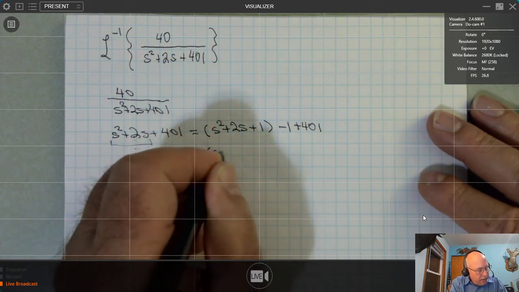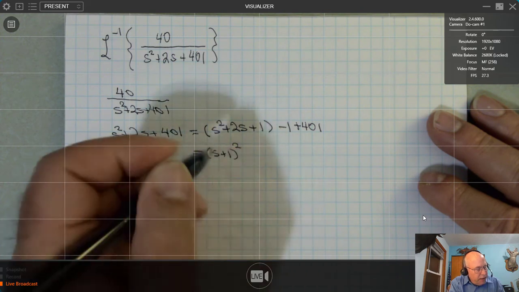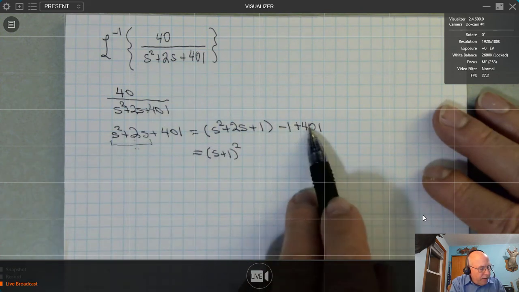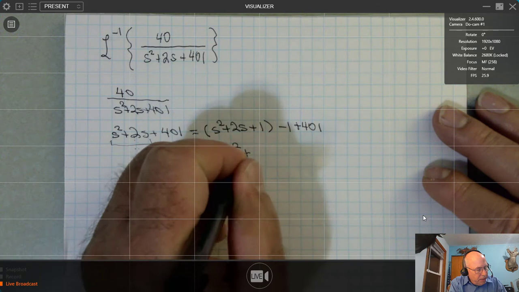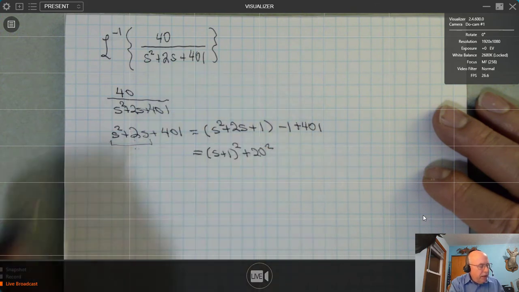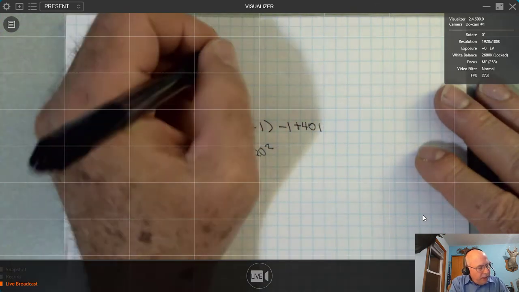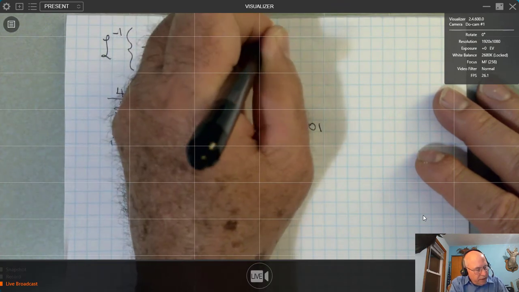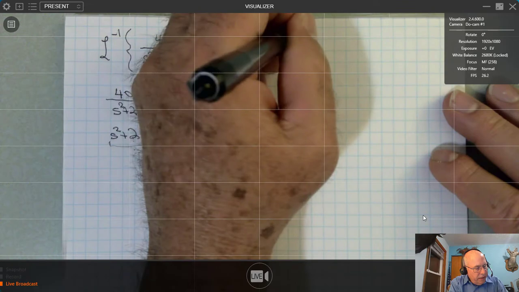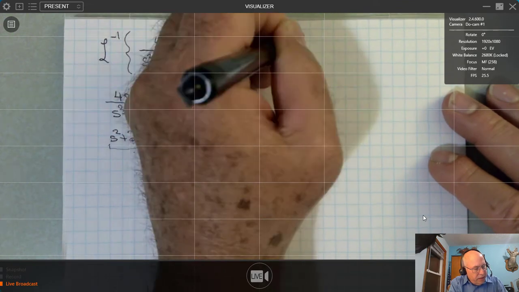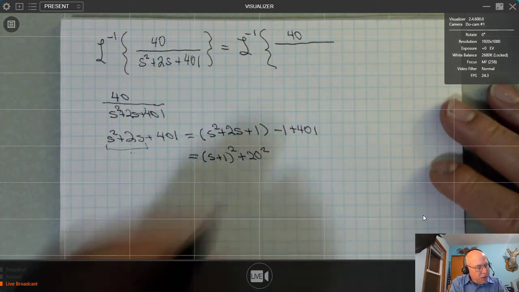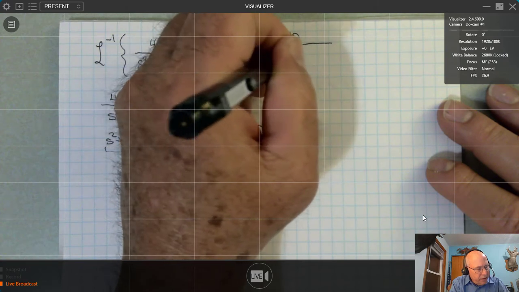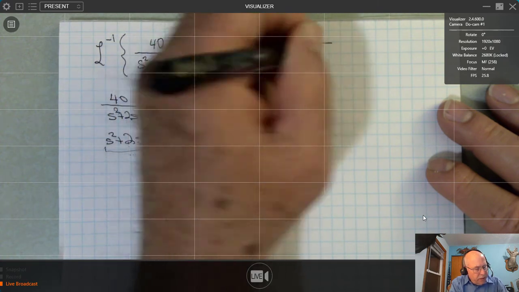This is s plus 1 all squared, and then I've got 400 left over, which happens to be 20 squared. Okay, now that means that this is the inverse transform of 40 over s plus 1 squared plus 20 squared.